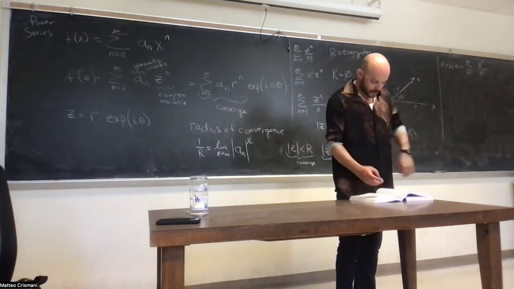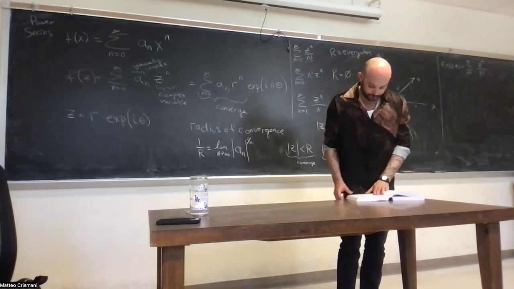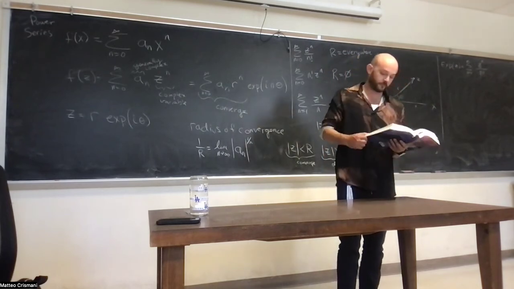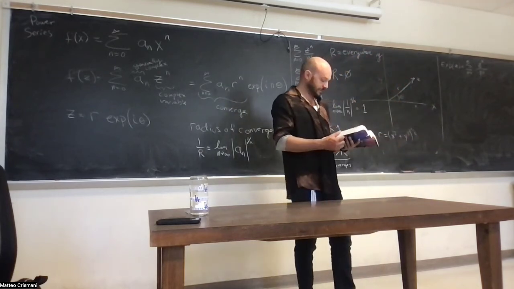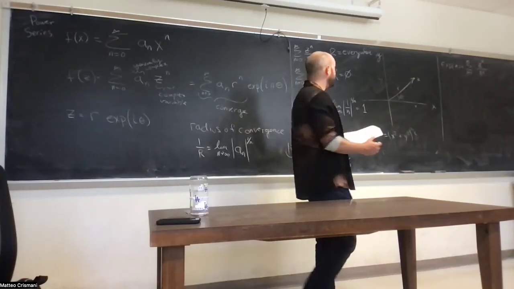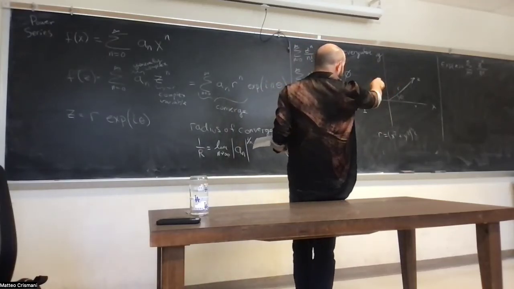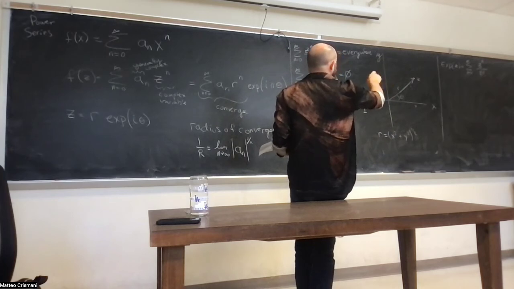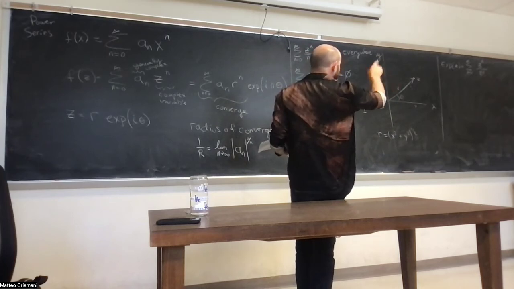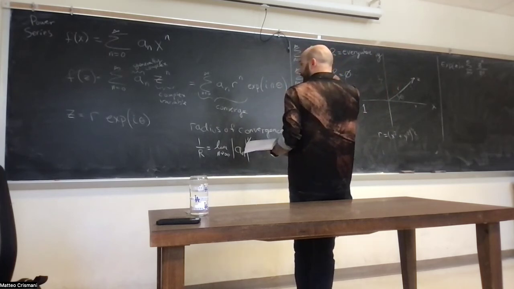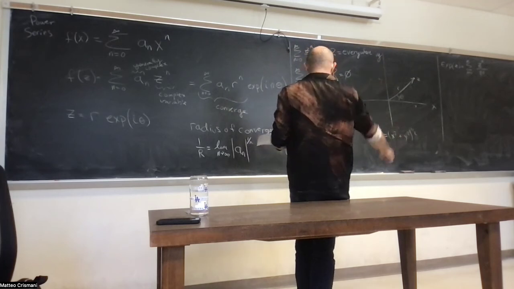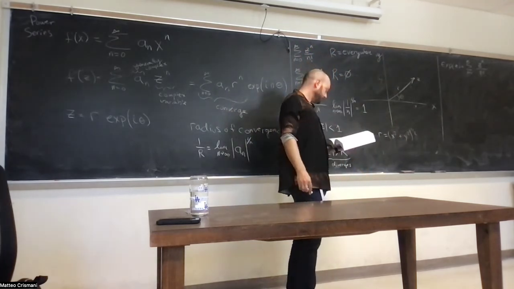Okay. So let's look here. z to the n over n factorial. It converges in absolute radius everywhere. Yeah, we're good here. Okay.